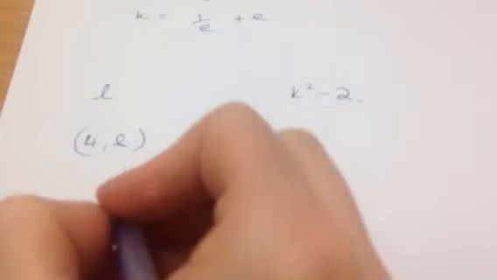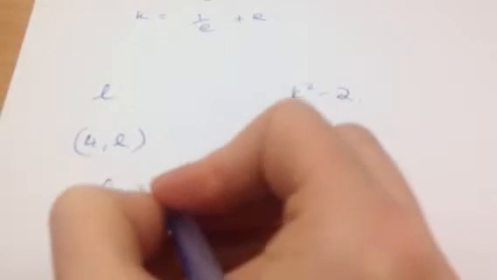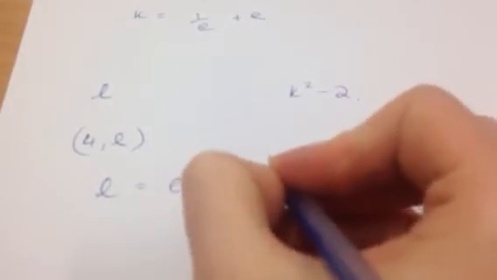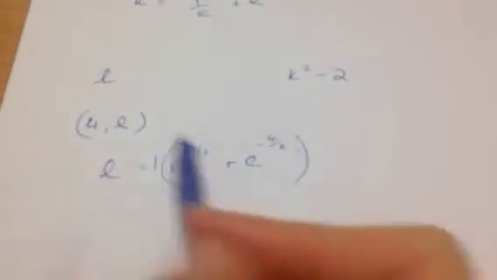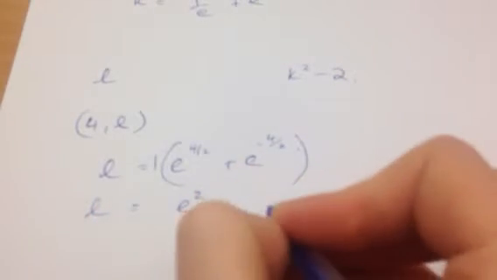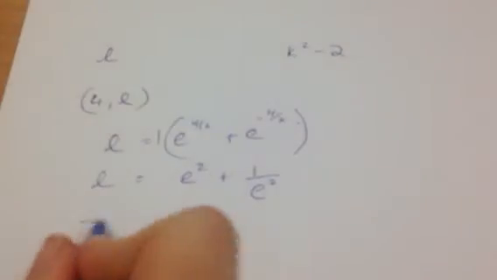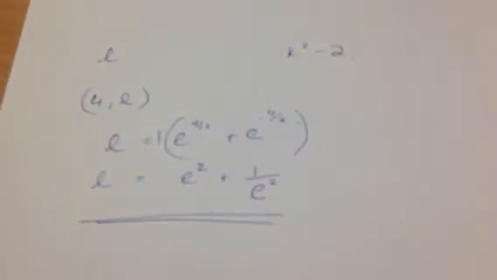So I end up with L, because that's my y value, is equal to e to the power of 4 over 2 plus e to the power minus 4 over 2 times the 1 outside. Now I can ignore that 1 because 1 times anything is just the same thing. So L is equal to e to the power 2 plus 1 over e squared. So that's L.